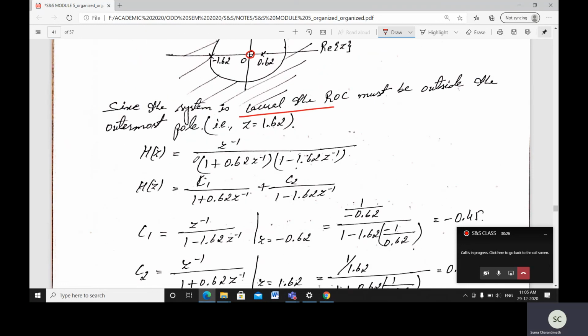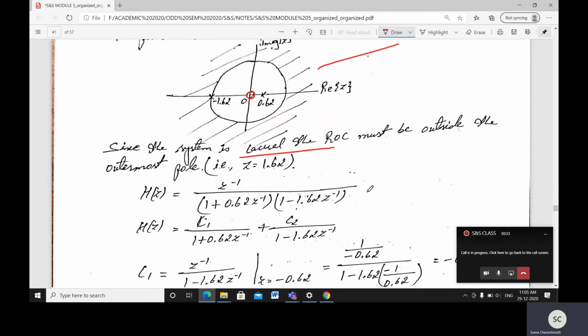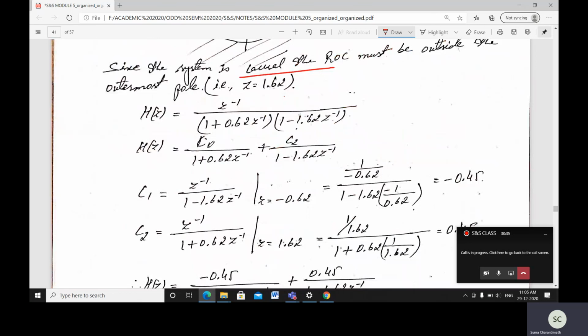Then H(z) equals, take this equation, then use your partial fraction expansion method. Then c1 divided by 1 plus 0.62 z inverse plus c2 divided by 1 minus 1.62 z inverse.